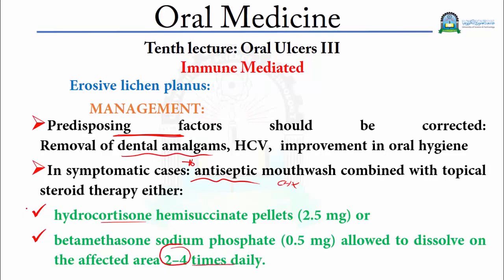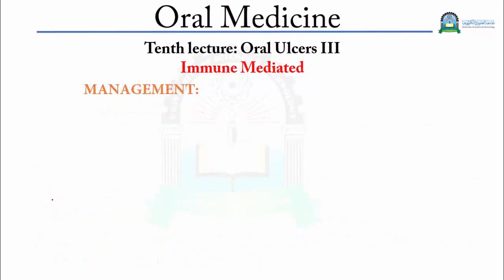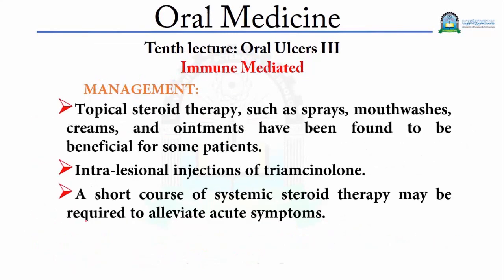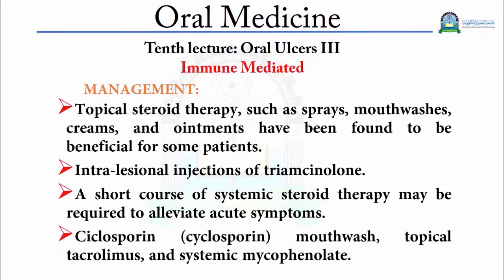So this is the corticosteroid therapy used as an adjunct to the antiseptic mouthwash to resolve the clinical symptoms. Topical steroid therapy also can be used, such as sprays or mouthwashes or creams and ointments, and this has been found to be effective for the patients.